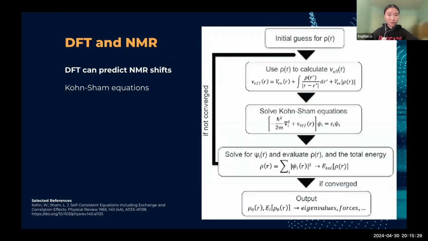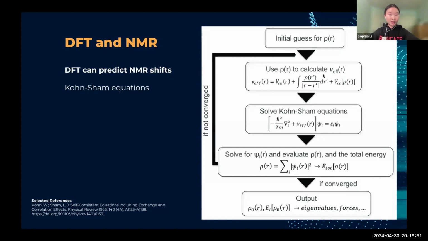Self-consistency is reached when that initial guess density matches the final calculated density as given by that effective potential. And once self-consistency is reached, the cycle ends and the calculation converges. The output of this convergence would be the final density functional as well as the energies of each orbital.